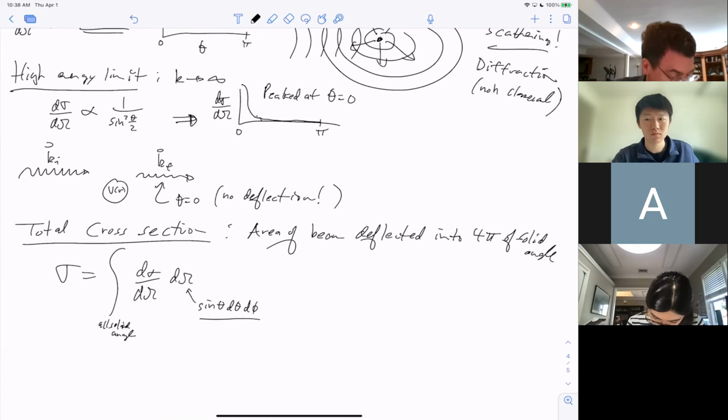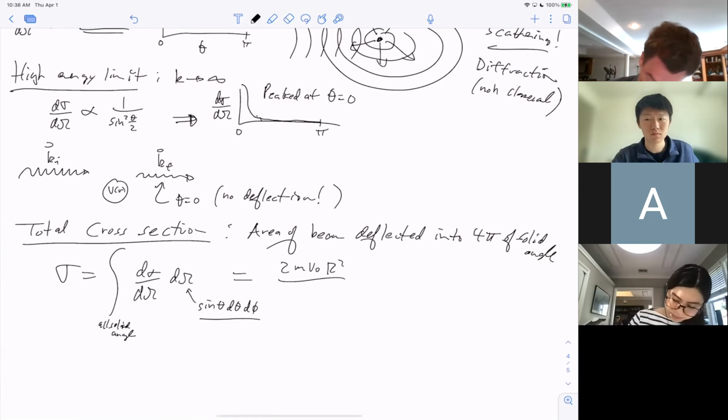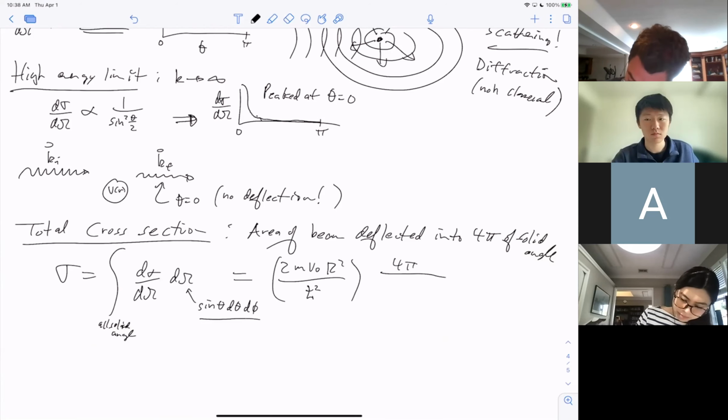And so I'm not going to do the integral, but when you do it, you see that you get an answer, and it's going to be 2mv0 r squared over h bar squared times 4 pi over 1 plus 4k squared r squared.